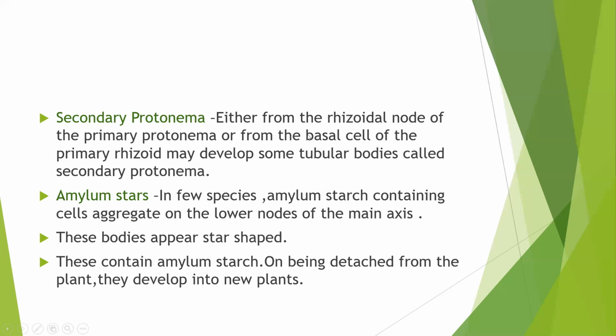Then the third method, secondary protonema. Either from the rhizoidal node of the primary protonema or from the basal cell of the primary rhizoid, some tubular bodies may develop, called secondary protonema. Then the fourth method of vegetative reproduction, amylum stars. In a few species, amylum starch-containing cells aggregate on the lower nodes of the main axis, and these bodies appear star-shaped.